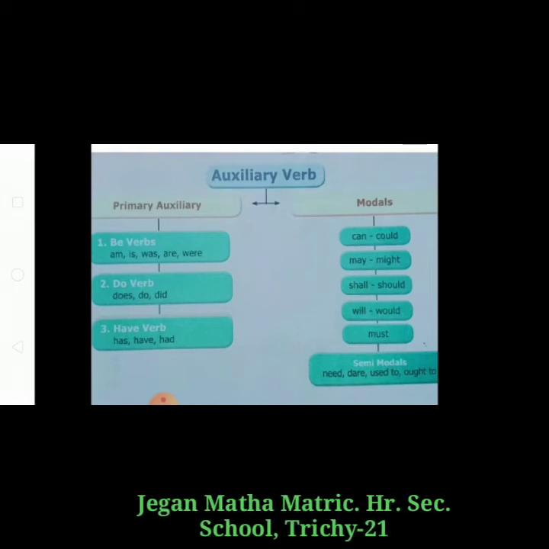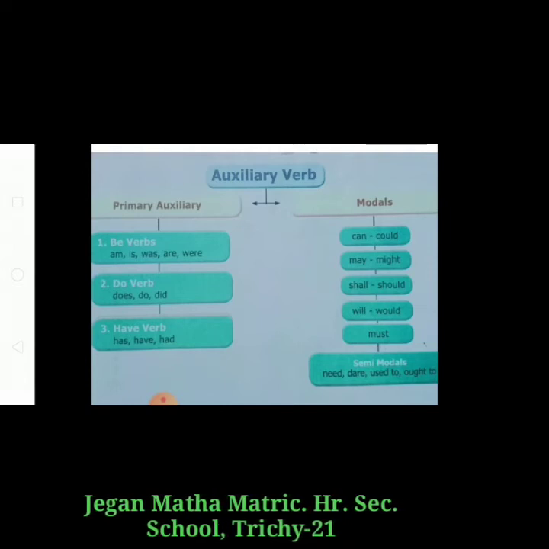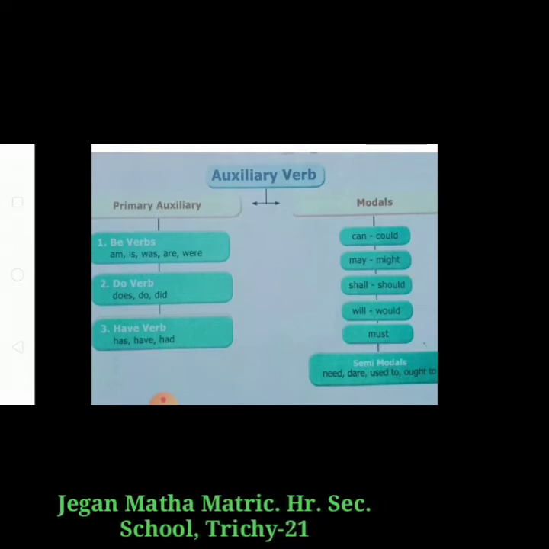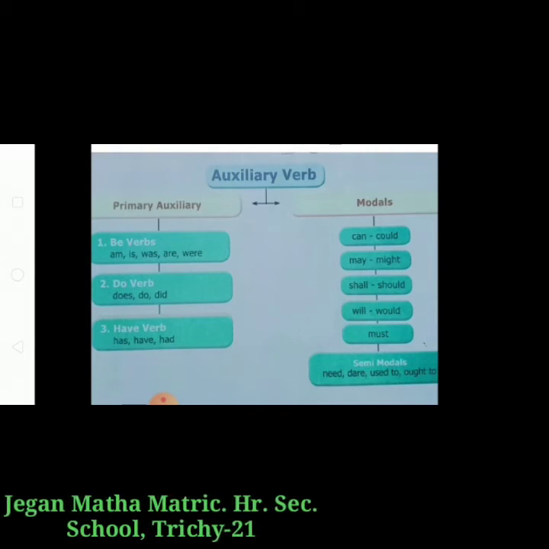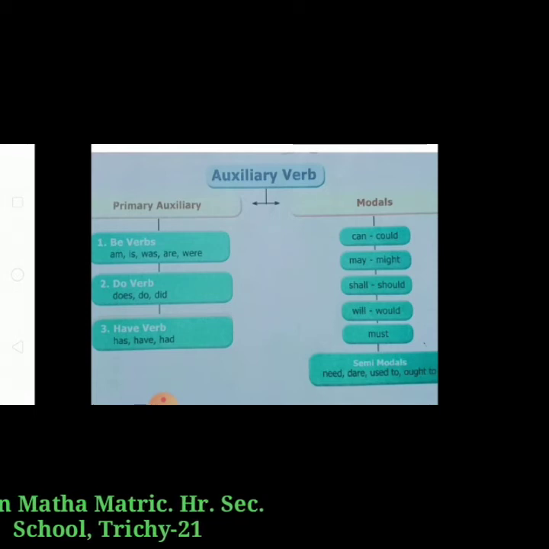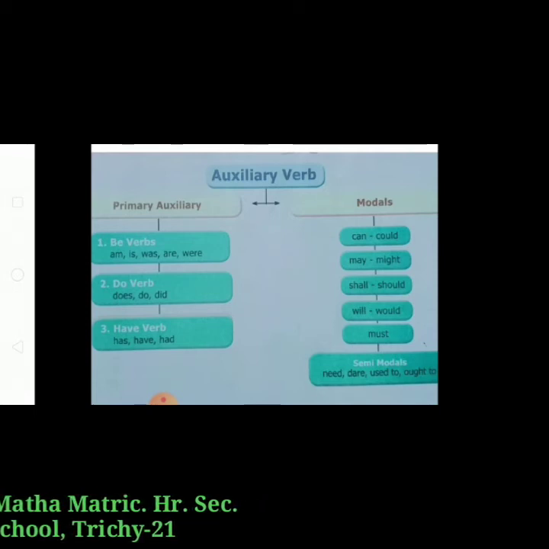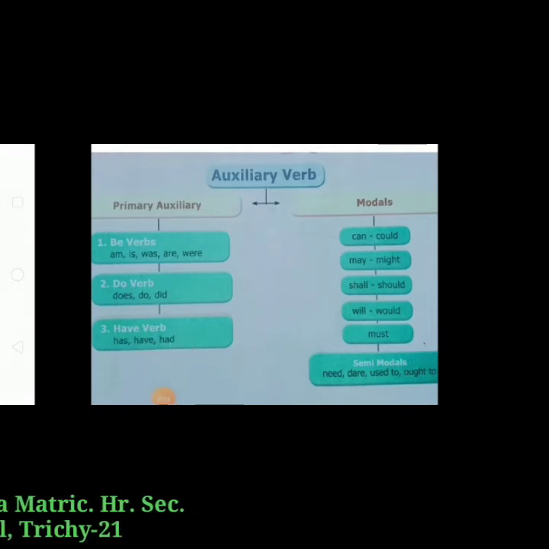Auxiliary verbs are divided into two categories: primary auxiliaries and modal auxiliaries. Primary auxiliaries are the forms of the verbs to be, to have and to do. Modal auxiliaries are shall, should, will, would, can, could, may, might, dare, need, ought to, used to.